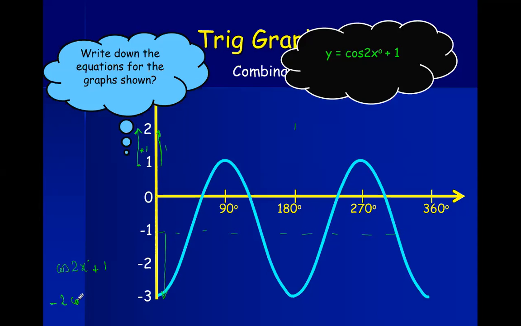It's a cos of some sort. So how many have I got within 360? 2. Yeah. 2x. So if I was to start at -2, I would be here. So I've dropped from -2 to -3. I've dropped by -1. And that would be -1. -2 cos 2x -1.